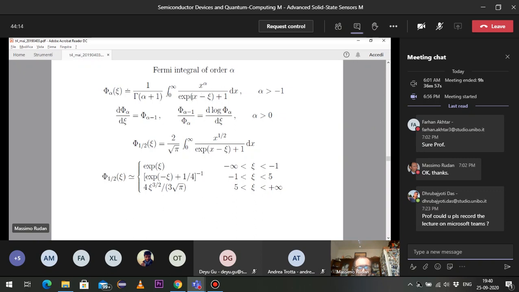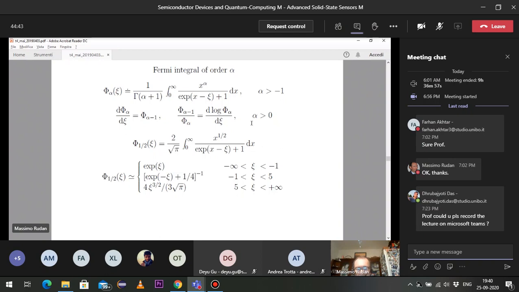So even for the smallest value of x, that is 0, the exponential dominates with respect to 1. So the integral here becomes equal to the definition of the gamma function, okay? So the gamma function cancels the gamma function that is in the denominator, and you are left with the exponential of psi. So it's an immediate calculation, okay?